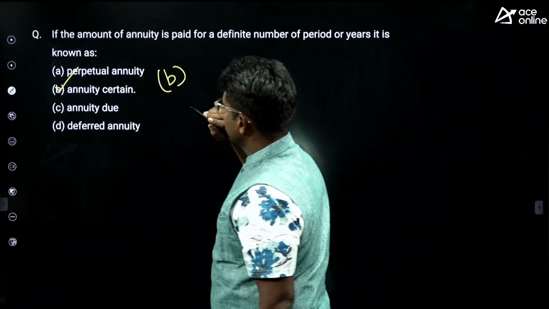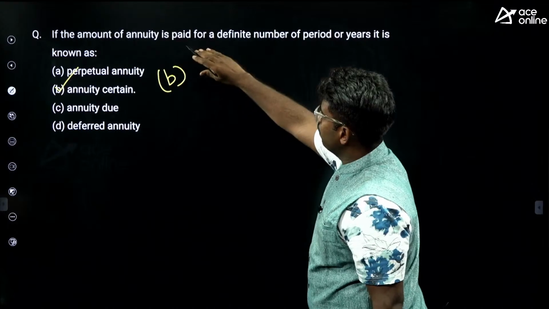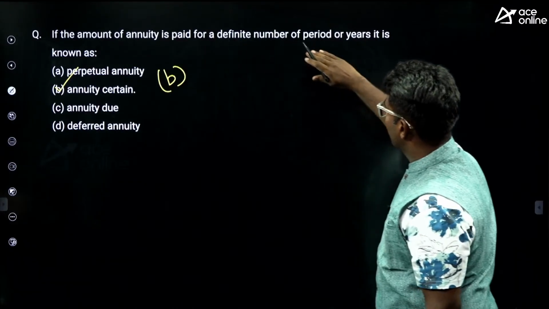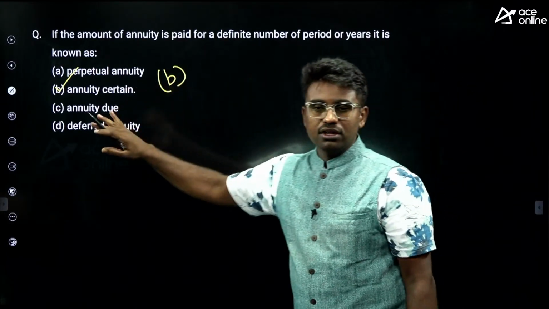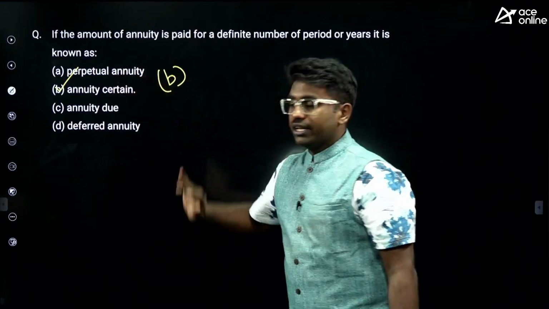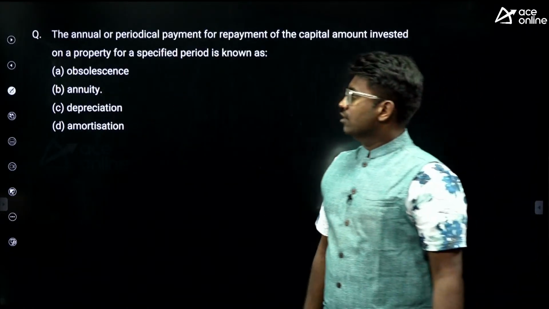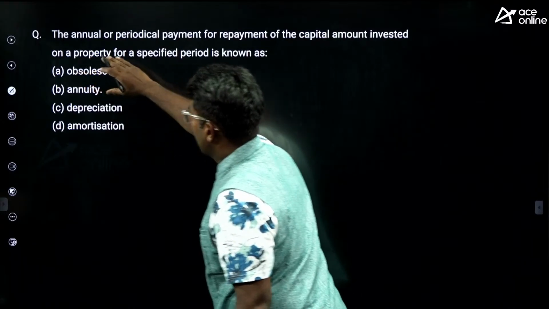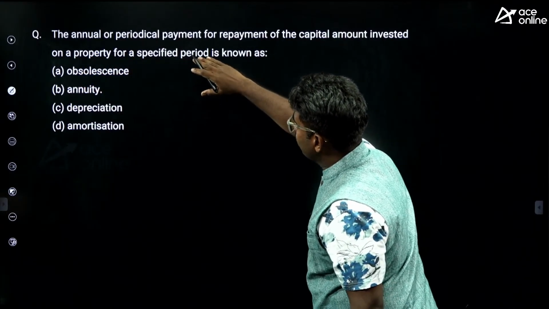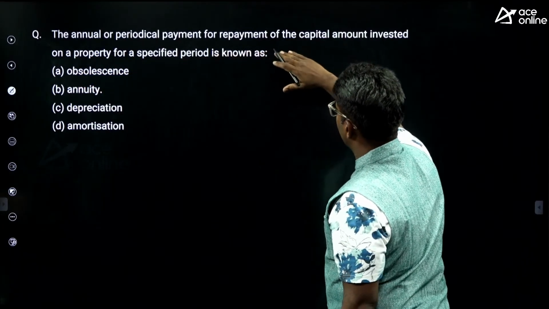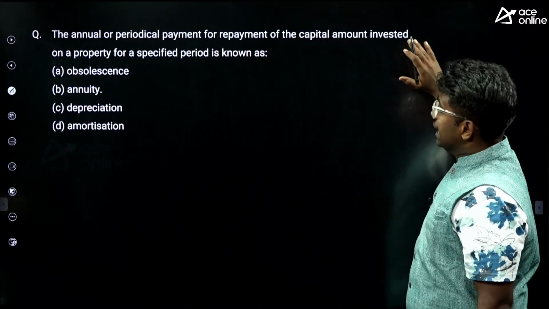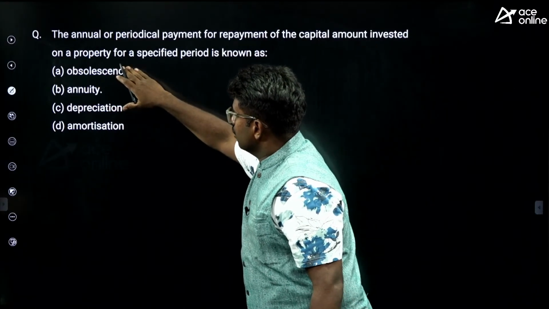Okay, annuity certain is the amount of annuity paid for a definite number of period or years.